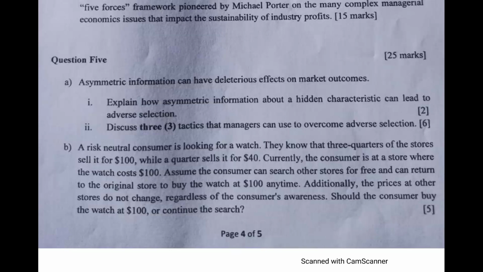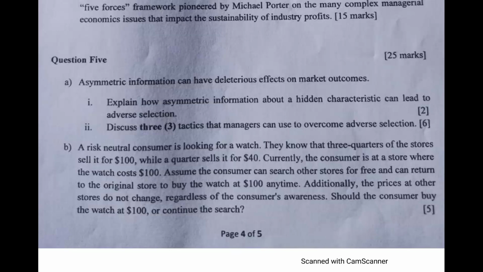This discrepancy can lead to adverse selection, where buyers are unable to distinguish between high quality and low quality products. They don't know which is which, and may even get a poor product.